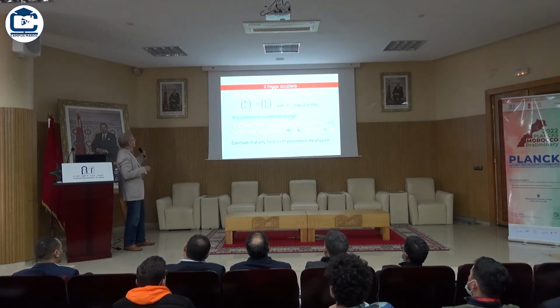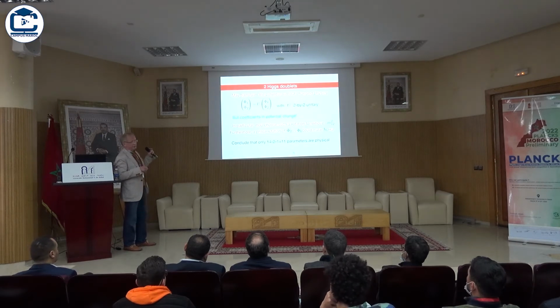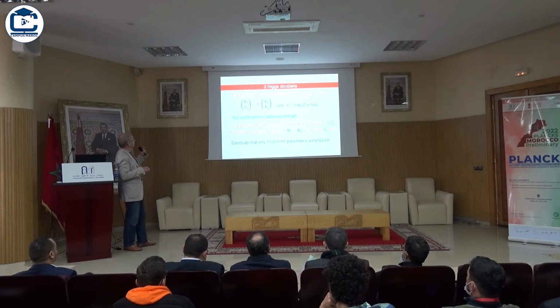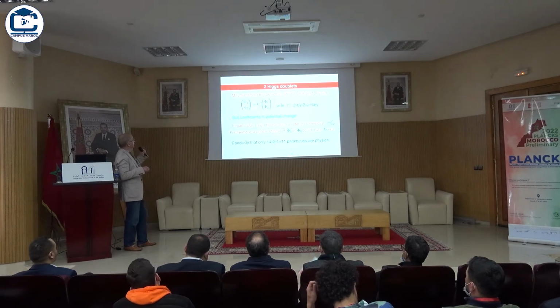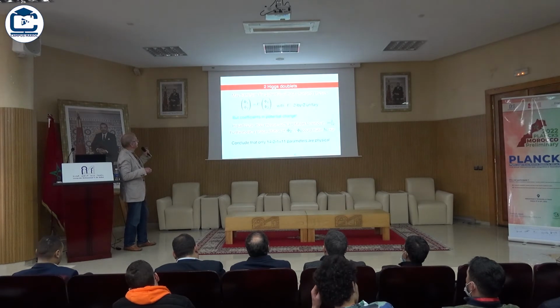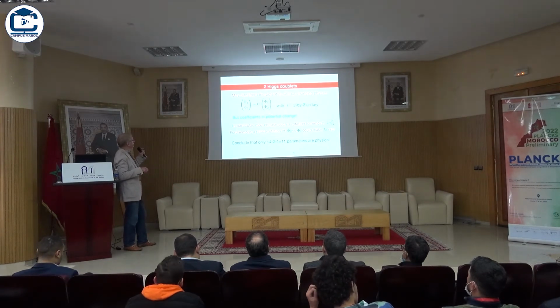Now, these fields may be transformed without changing physics. One can rotate them by this U, which is a 2 by 2 unitary matrix. As long as this is unitary, the physics will not change, but the coefficients in the potential will change.